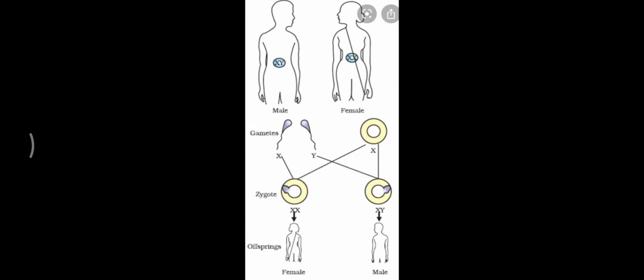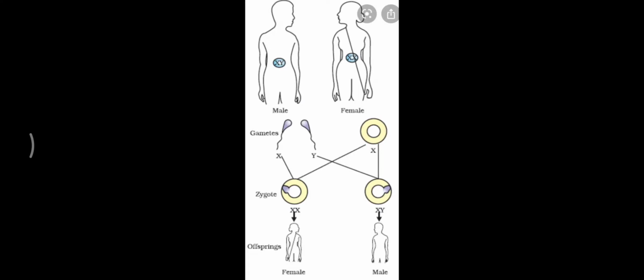So, in today's class, we learned the definition of sex determination, then a few examples where sex is not genetically determined and is determined by temperature. Then we discussed the sex determination mechanism in human beings.